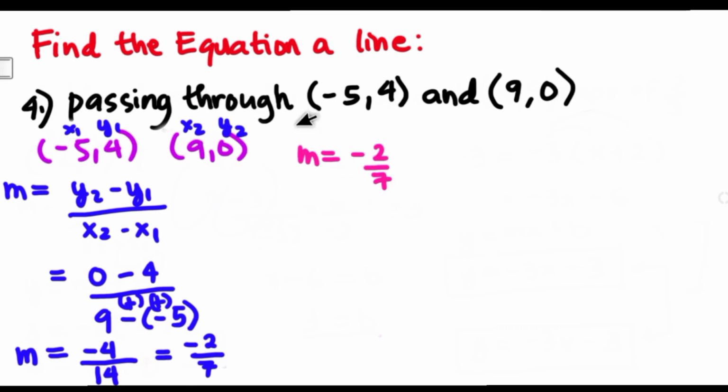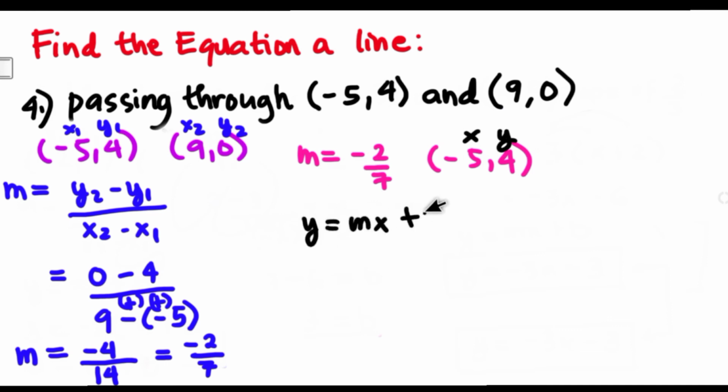And then, pili tayo ng isang point dito para mahanap po natin yung y-intercept. So, piliin ko na lang itong una. So, negative 5 and then 4. Ito po yung x na kukunin natin, tapos ito naman yung y. So, y is equal to mx plus b.